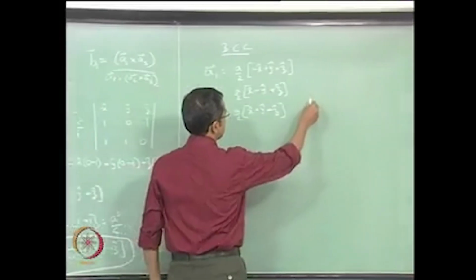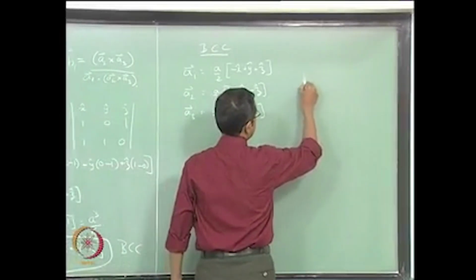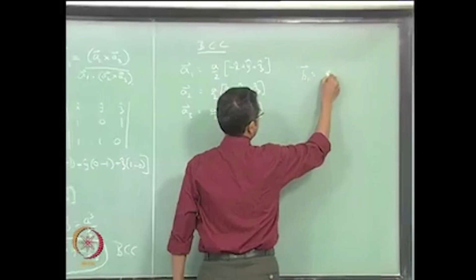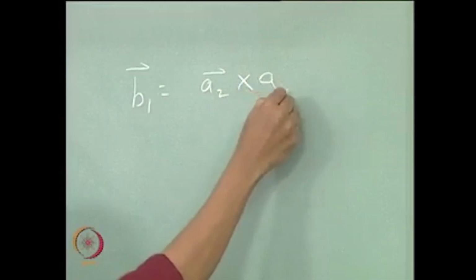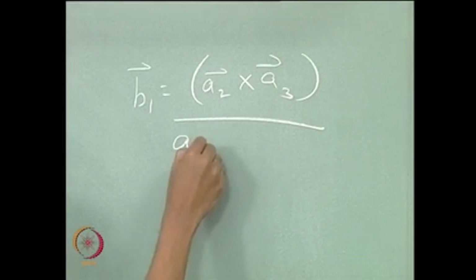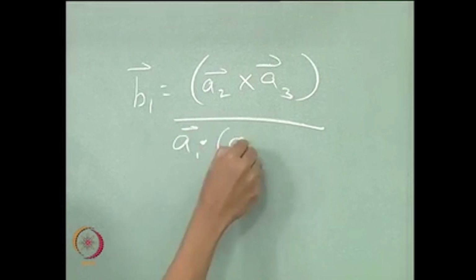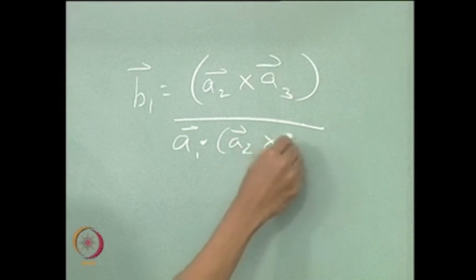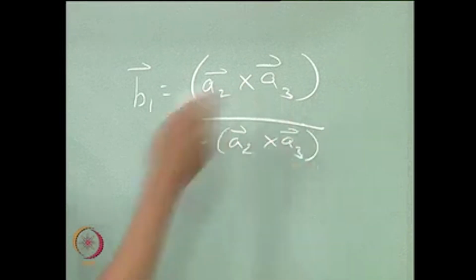We have to do B1 is A2 cross A3 by A1 dot A2 cross A3. What is A2 cross A3?